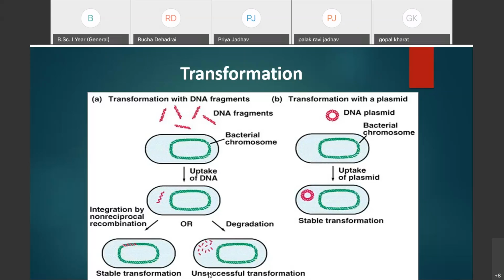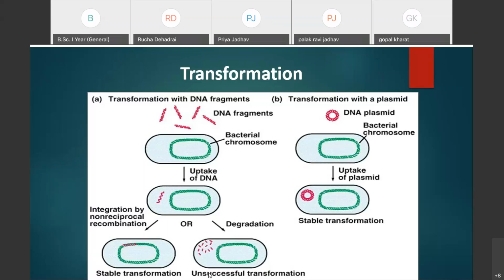While if we add a certain compound, for example inorganic phosphates, to the nutrient medium, then the frequency of transformation will increase.